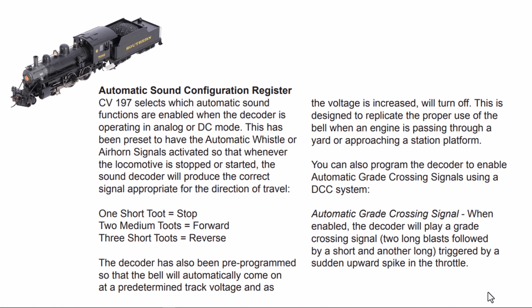So when it's going to back up, it gives the most notable sound. In our application, I don't think I'm going to do anything in reverse, and you'll see why later, but that could be added. You can also add automatic grade crossing signal, but you have to go into control variable 197 on a DCC system to make that change. Don't worry about that for right now.